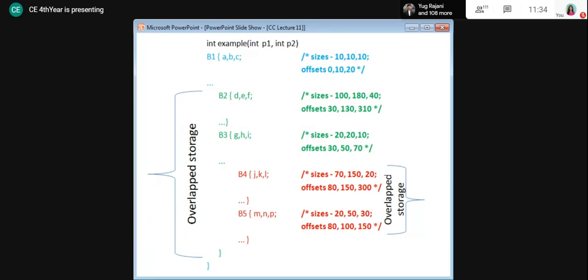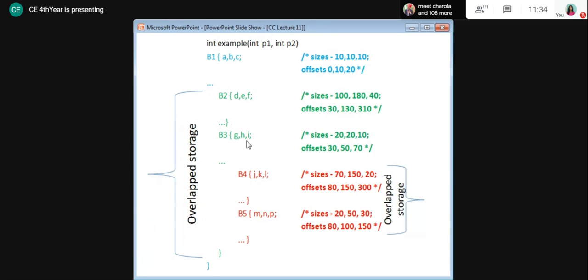So, say for example, we are looking at M. If we are looking at block B5, and we are looking at M over here, now let's understand how its offset of 80 was calculated. The last variable stored was I, because both these blocks are stored in overlap storage.